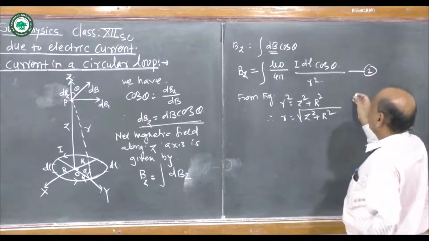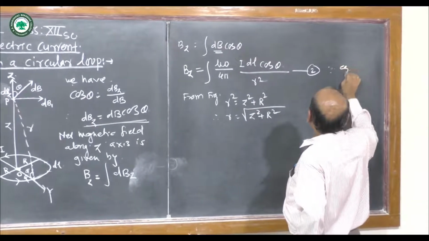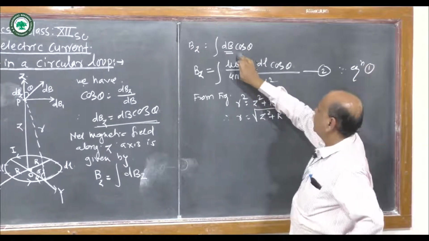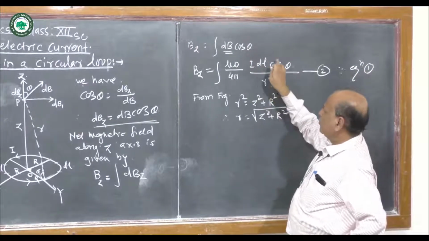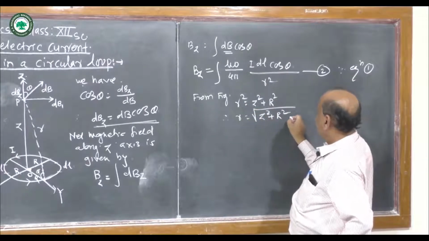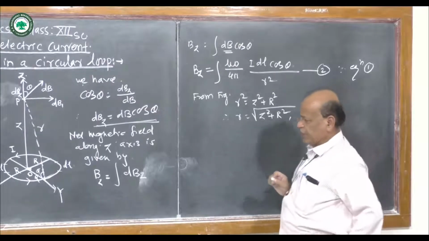Therefore, equation 1 gives the value of dB, and the value of r is there. Again, find the value of cos theta.